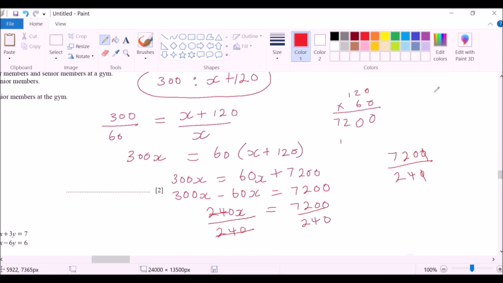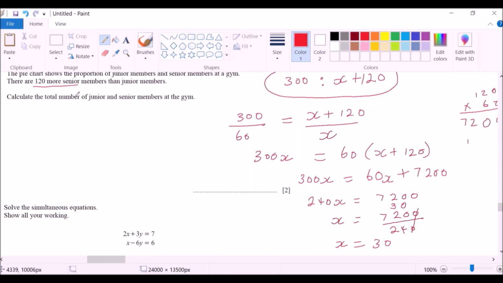24 into 72. 24 times 3. 3 times 4 is 12. 2 carry 1. 3 times 2 is 6 plus 1, 7. So 24 into 72 is 3. 24 into 0, 0. So x is equal to 30. Now calculate the total number of junior and senior.